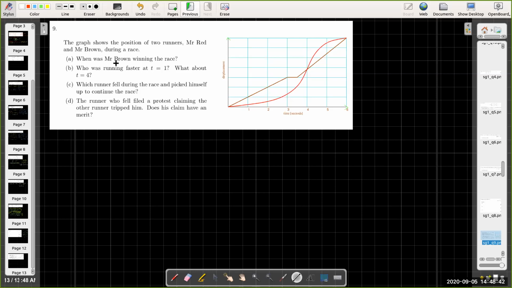When was Mr. Brown winning the race? Well, he'd be winning the race when in the same time he has covered a greater distance.